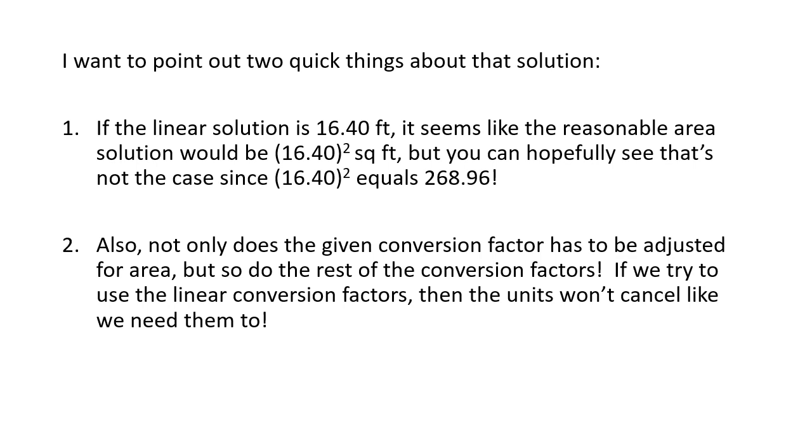You can see we got a very different answer. 16.4 squared is 268, and we got a whole lot less than that. So the reasoning behind this, we don't necessarily need to get into the way some of these factors work. If we square everything in the problem, it doesn't always lead to a squared answer. So it seems like that'd be the most reasonable guess, and of course, that doesn't work.